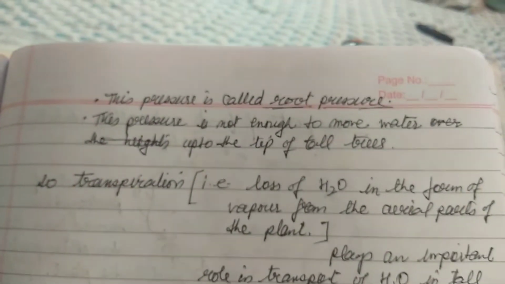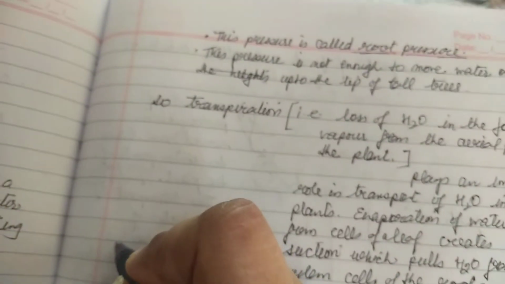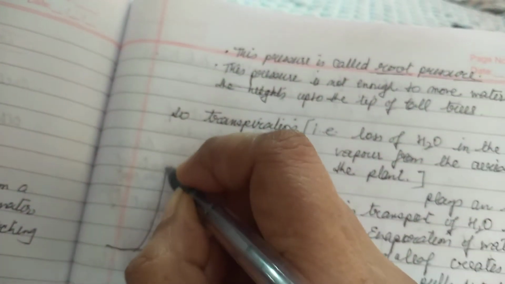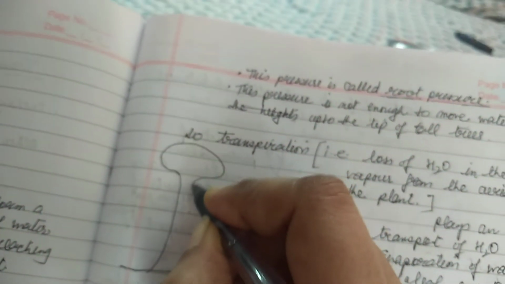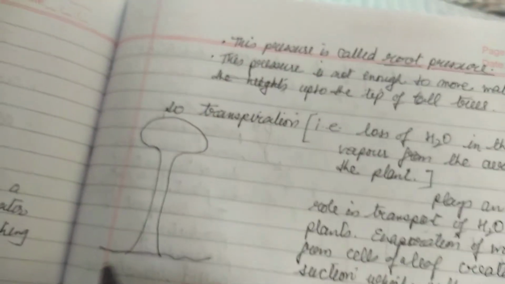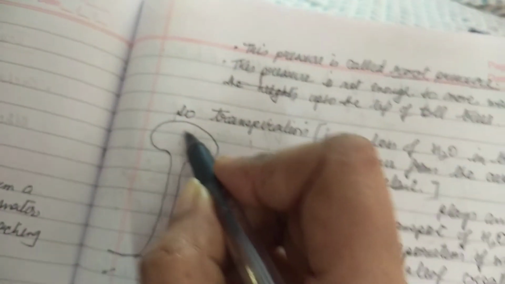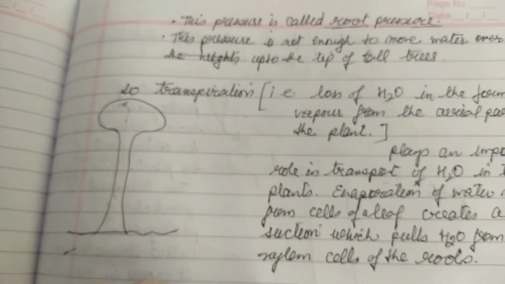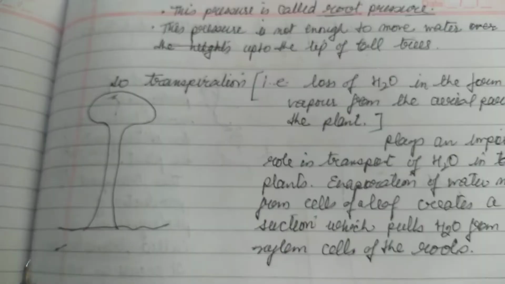So how does it happen? If this is the level of soil and it's a tall tree, now water has to move from this area to the tip of the plant. So we are aware of the phenomenon called transpiration.